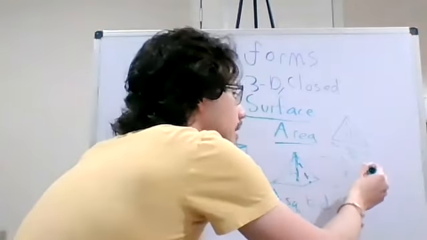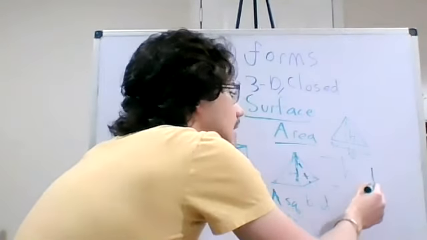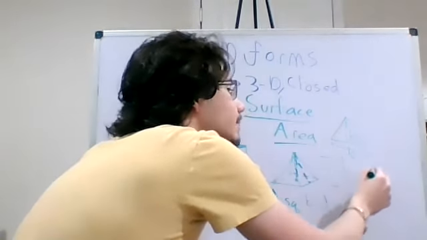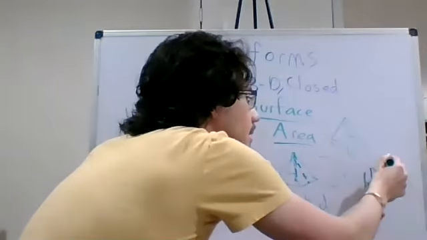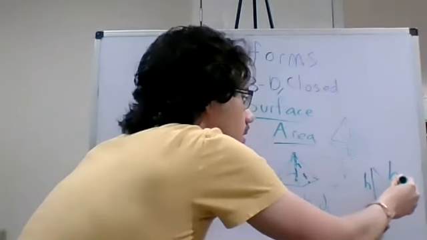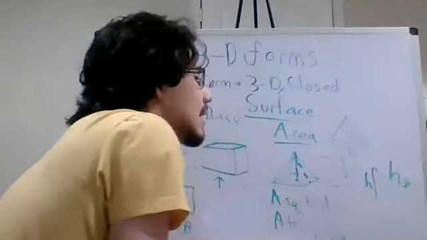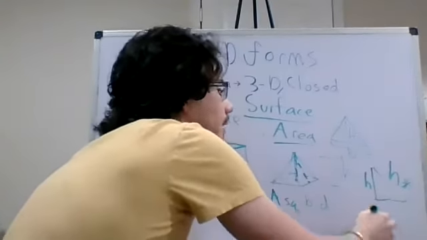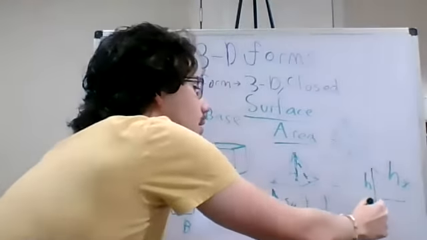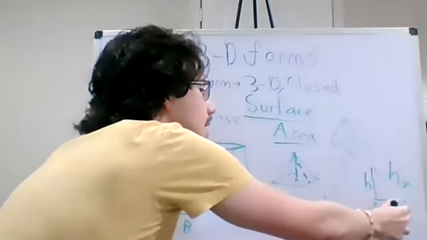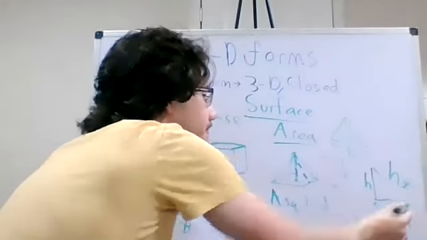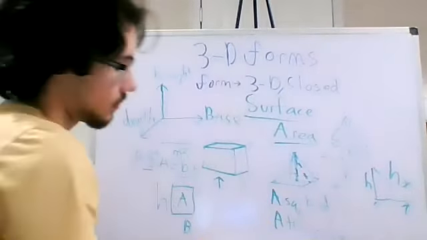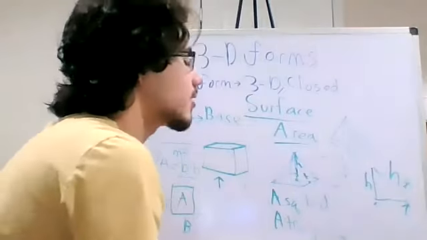And if we were to draw this out, we would see that this would be the first height. This would be the height of the triangle. And let's say that this is the length from the center where the height goes to the outside of the base, where the triangle extends to.